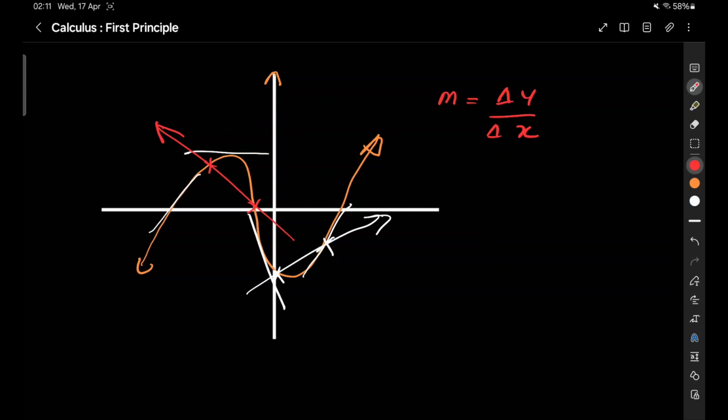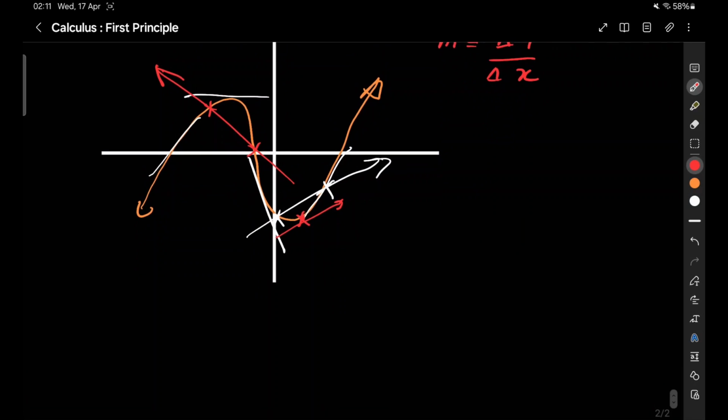Instead of having 2 values of x, or 2 points, in order to calculate the gradient, we can just calculate the gradient at a certain point. Let's say, for example, that point would be that. If we were to draw a line that intercepts that point, that line would be known as a tangent, as it only touches the graph at one point.